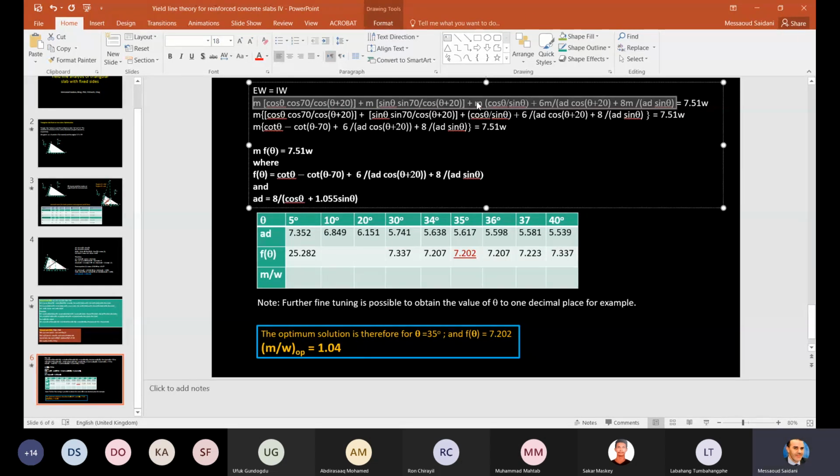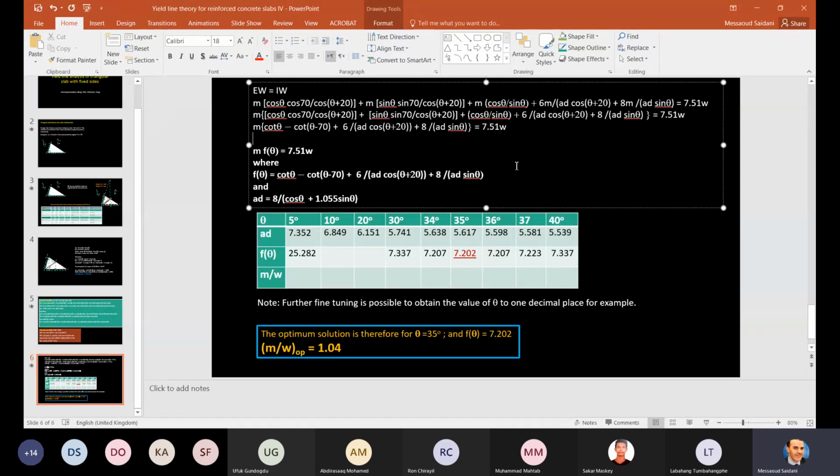And you can simplify this part here. That's identical to the expression that we had last week, if you remember. So go back to that, and you can simplify it to this, plus this part. This is the new part due to the existence of the sagging moments. That's the new part which is there.